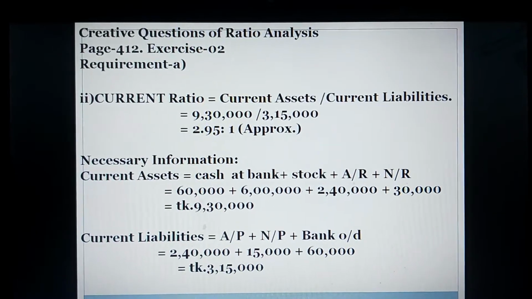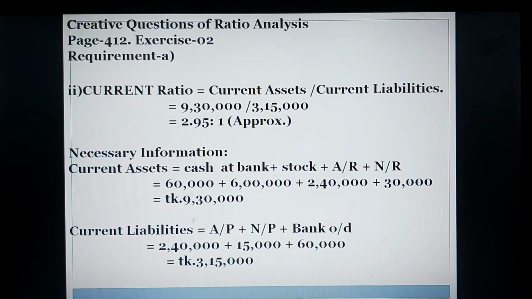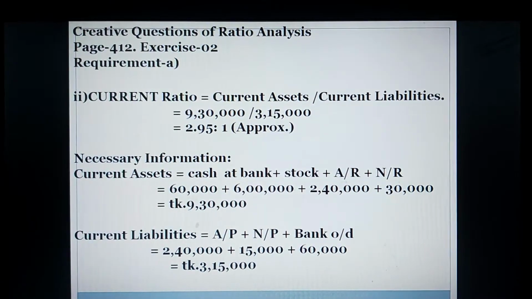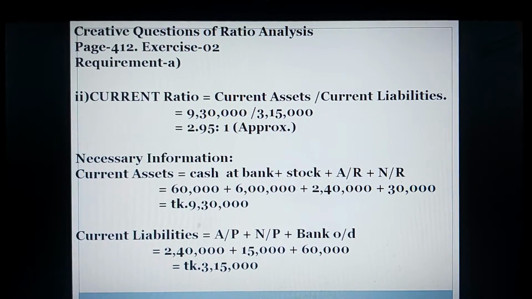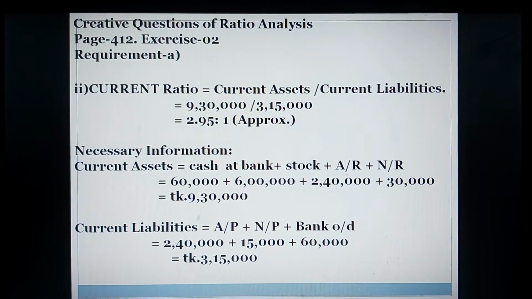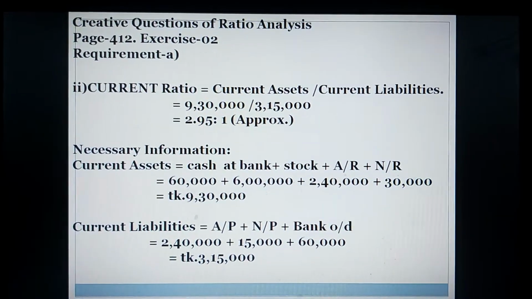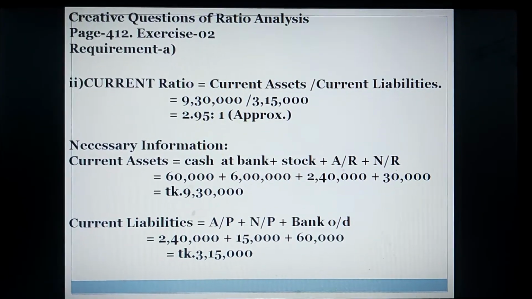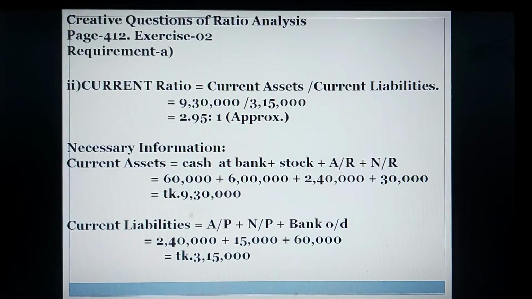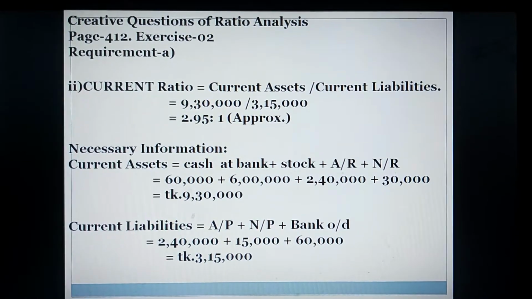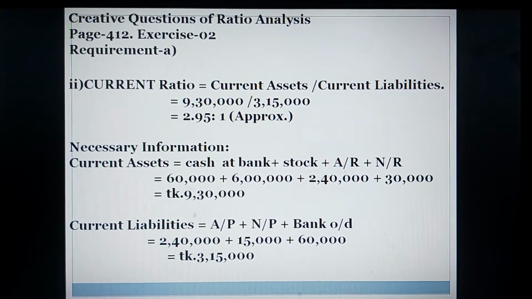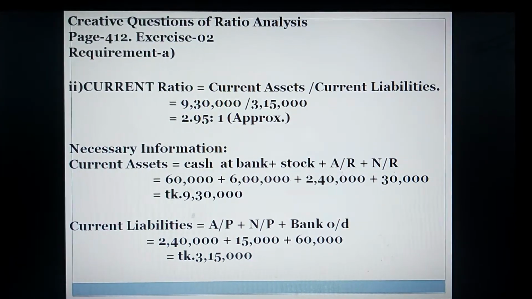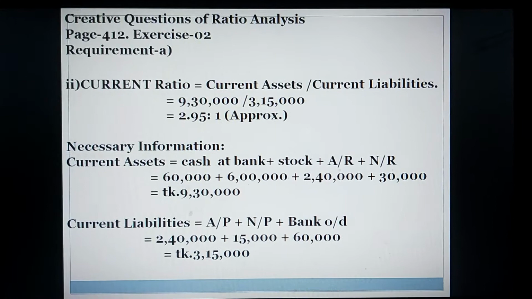In this question, you have to answer without comments. But if comments are required, then you can write satisfactory, because the standard current ratio is 2:1, but in this math the result of current ratio is 2.95:1.